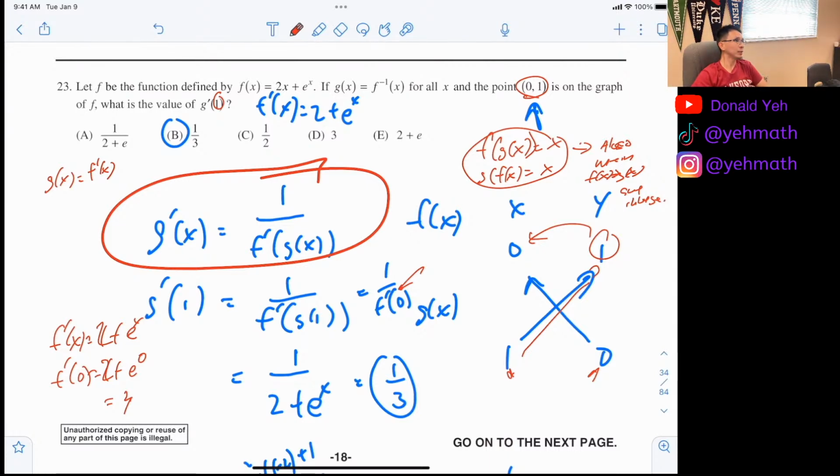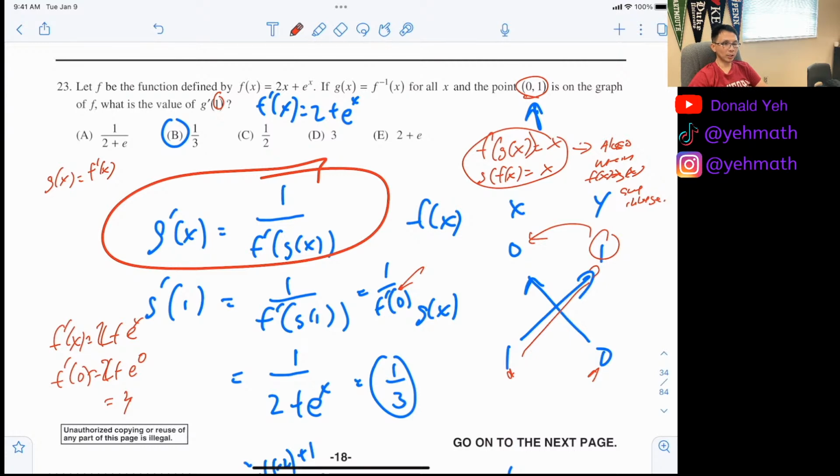I just didn't do it right. Oh, I see. Yeah, I got A at first. Yeah, I get it. Wait, I'm still confused. It's just the reciprocal? f of 0 equals 1, right? No. g of 1 is equal to 0. f of 0 is equal to 1, yeah.